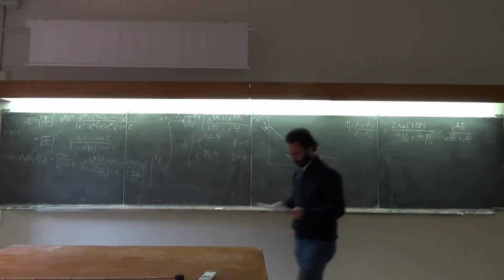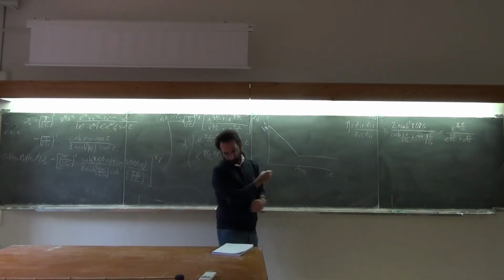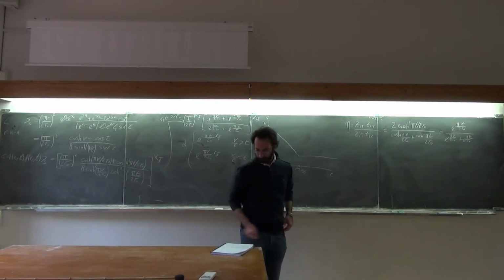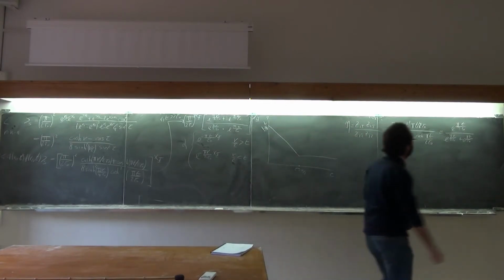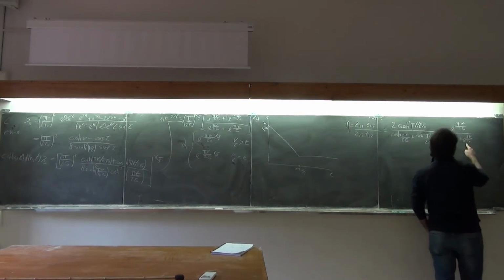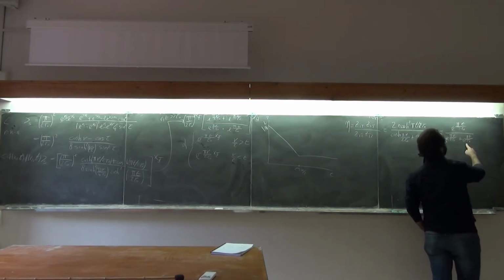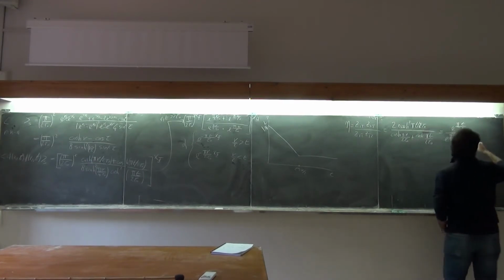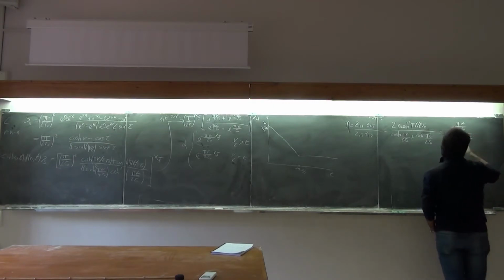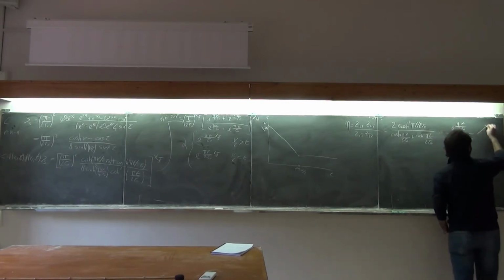And you see now that when this guy is much larger than this, let's make the opposite. When this guy is much larger than this, you just get 1.